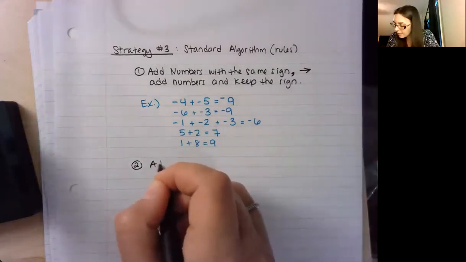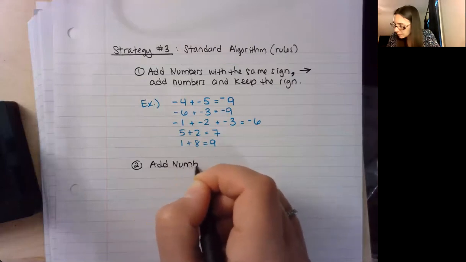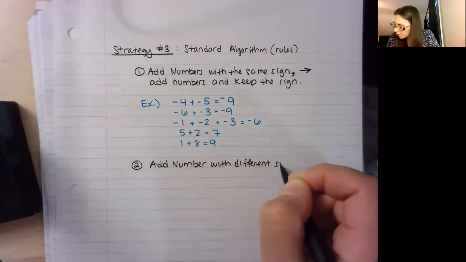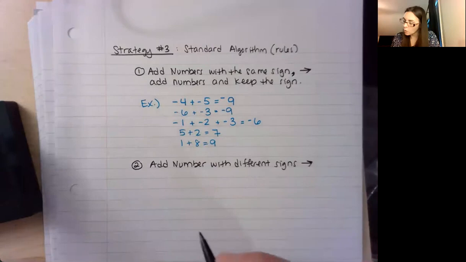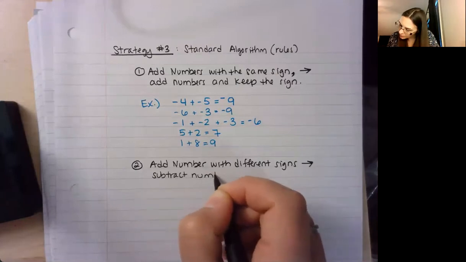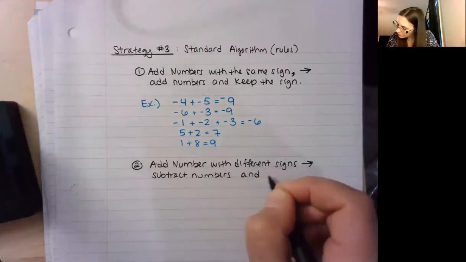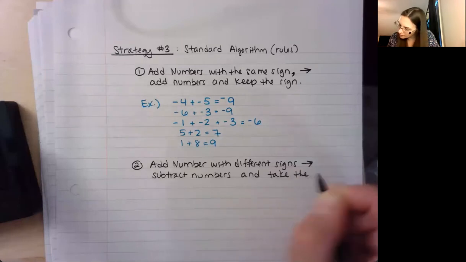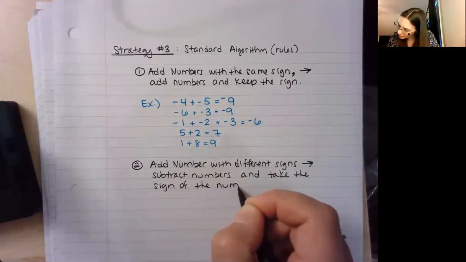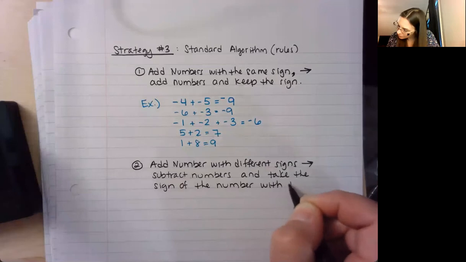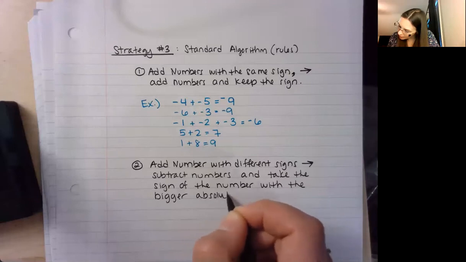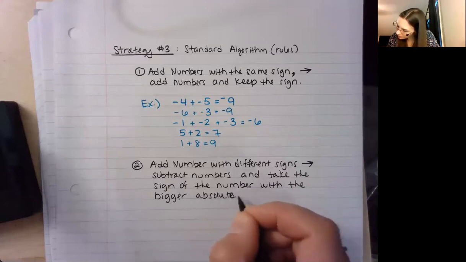So let's say we add numbers with different signs. So what you end up doing is you subtract the numbers and take the sign of the number with the bigger absolute value.